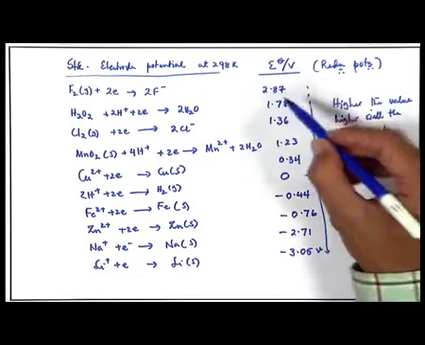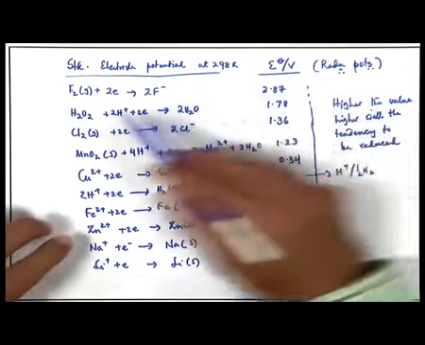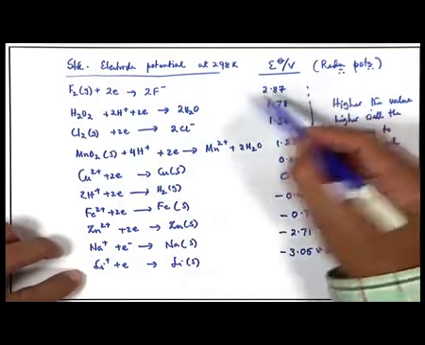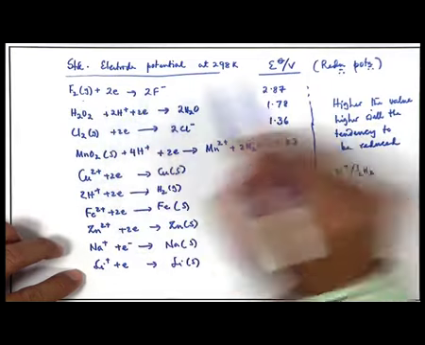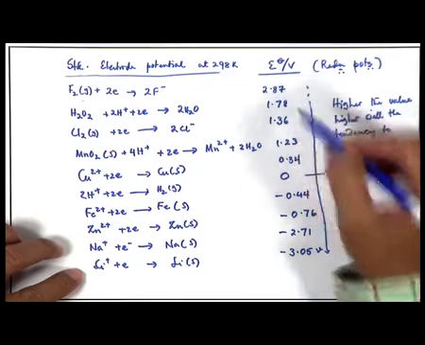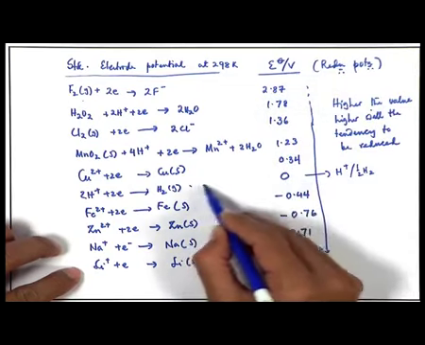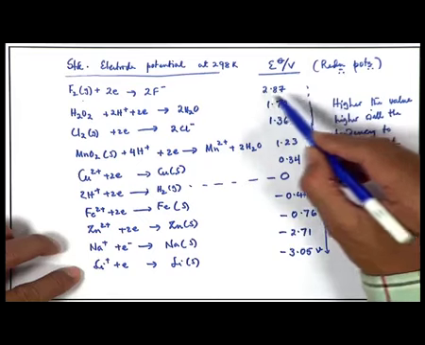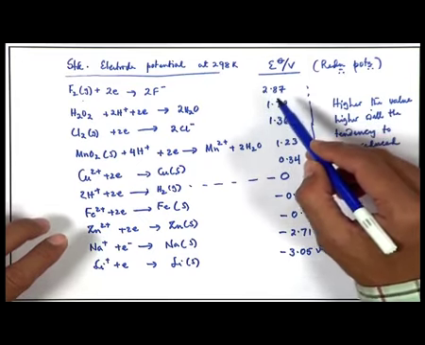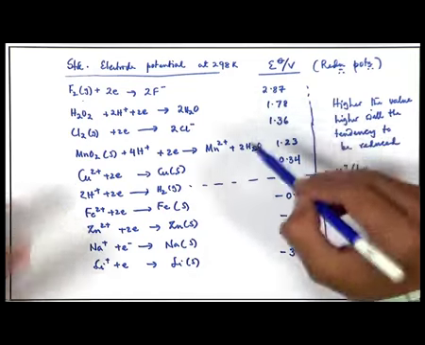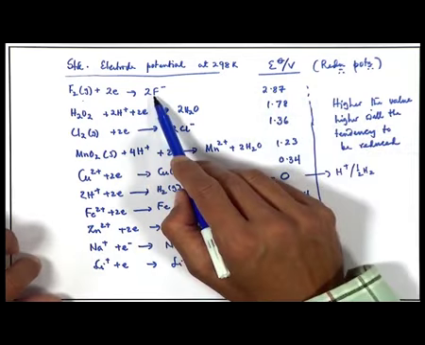You see that for fluorine gas, in the reduction scheme it is fluorine to fluoride, it is plus 2.87, considered against hydrogen. Okay. So, that means it is a positive value, and the system will have a much higher tendency to remain as fluoride.